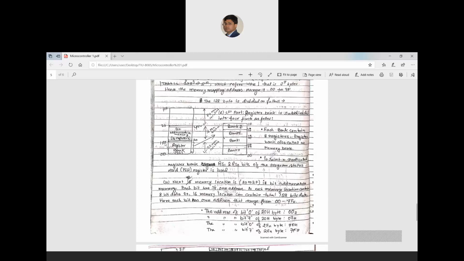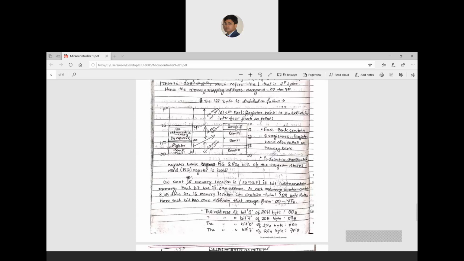If I convert 1F into decimal, 00 to 1F is equal to 32 locations, and dividing by 4 gives 8. So each bank has 8 spaces: 00 to 07 is 8 spaces, 08 to 0F is 8 spaces, 10 to 17 is 8 spaces, 18 to 1F is 8 spaces.